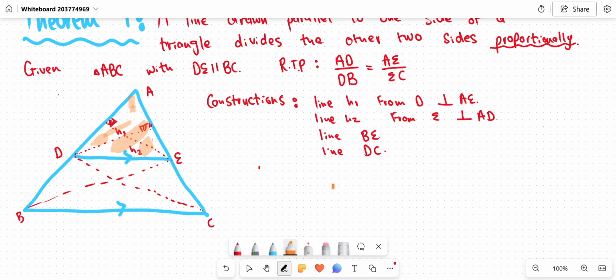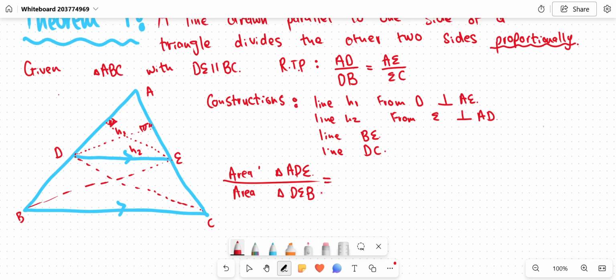So again, which triangles am I referring to? Let me state it. I want the area of triangle ADE, and I divide that area by the area of triangle DEB.